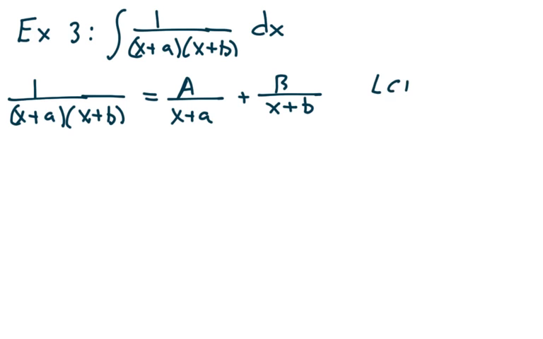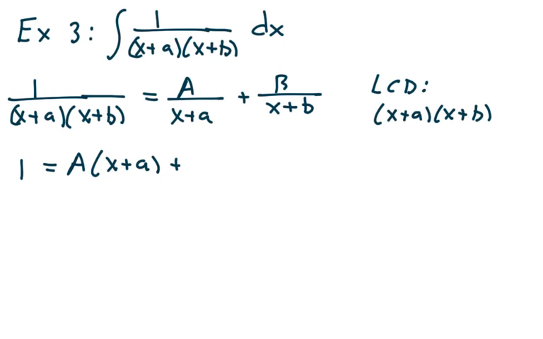The LCD is x plus a times x plus b. So 1 is A times x plus b plus B times x plus a, where lowercase a and b are constants.